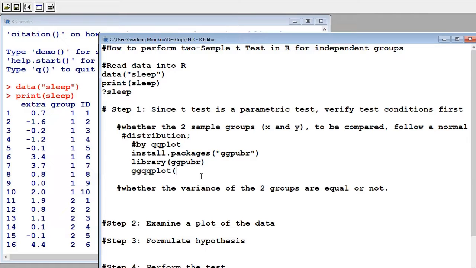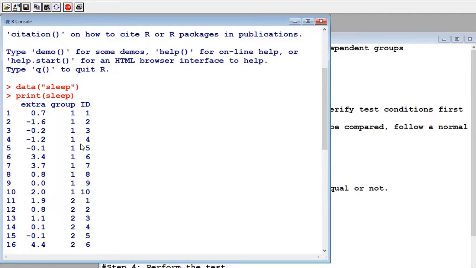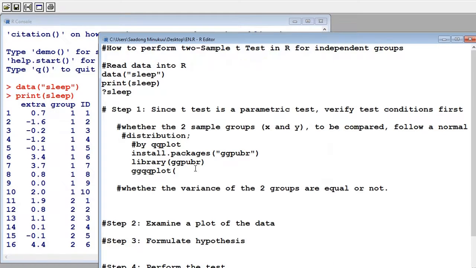So we are going to do the ggqqplot first of all for these 10 individuals, the 10 individuals that took drug A, or drug 1, sorry. So we will say sleep, then we use the $ sign to select extra, which is our numeric variable of interest.